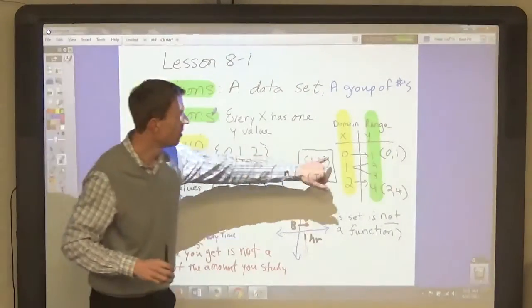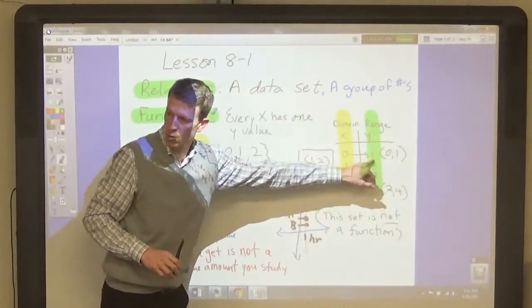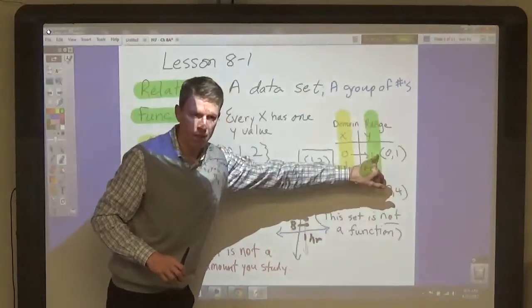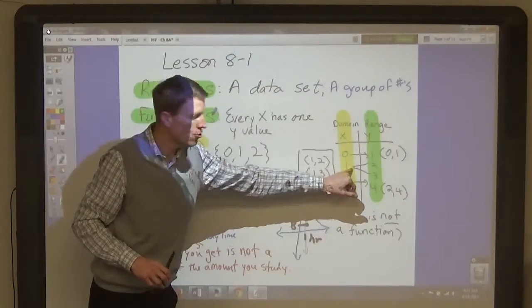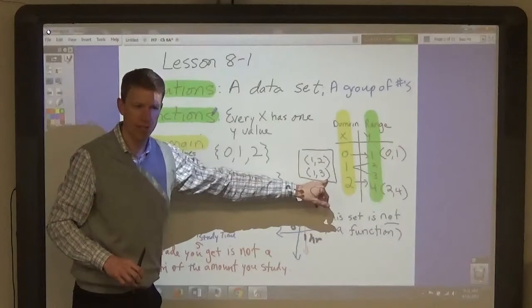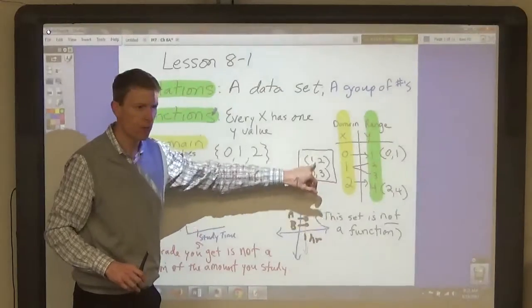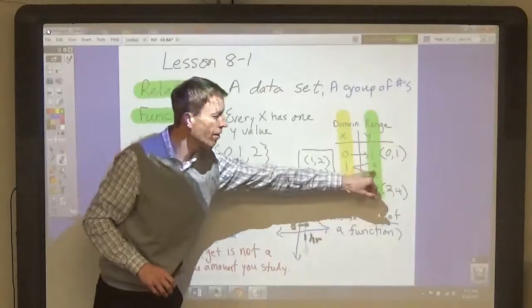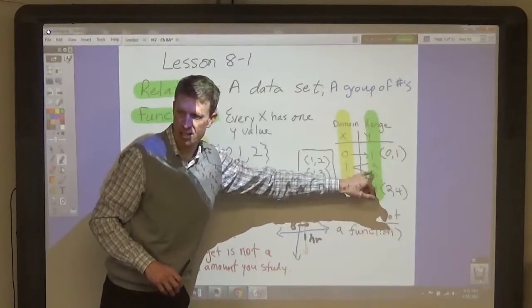In this set, 0 and 1, the number 0 only has one number in the range. But the number 1 has two values, 1, 2, and 1, 3. So if the number 1 is repeated, or if the number 1 has more than one value attached to it, then this relation is not a function.